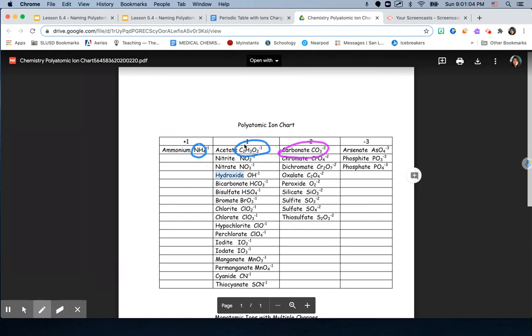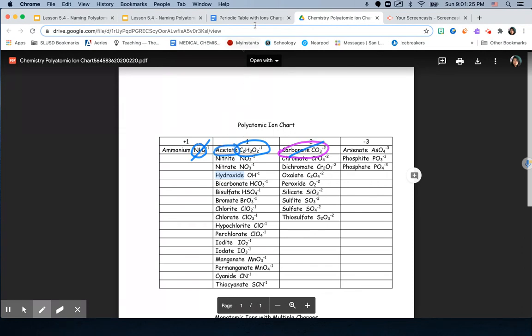So I see C2H3O2, not this one or this one. It has the charge, but you can ignore the charge when you're searching for the polyatomic ion. So C2H3O2 is called acetate.